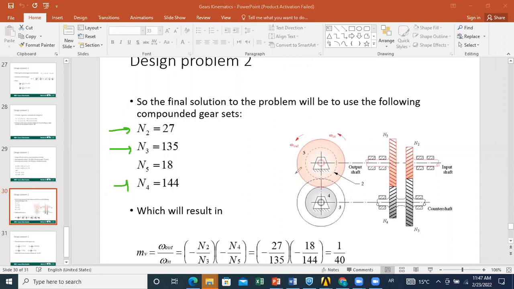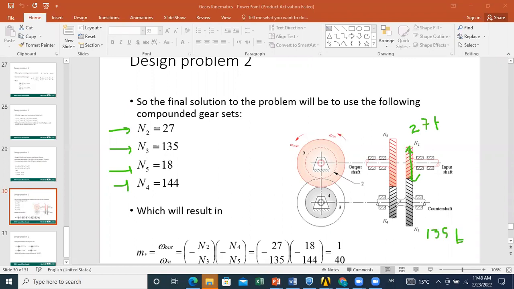So I can represent my set. I can draw a figure showing that N2 is characterized by 27 teeth. You have N3, and you can put close to it 135 teeth.